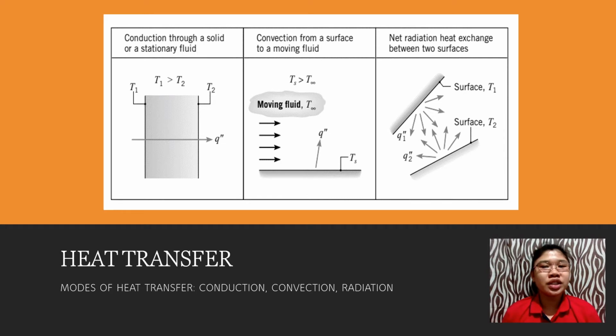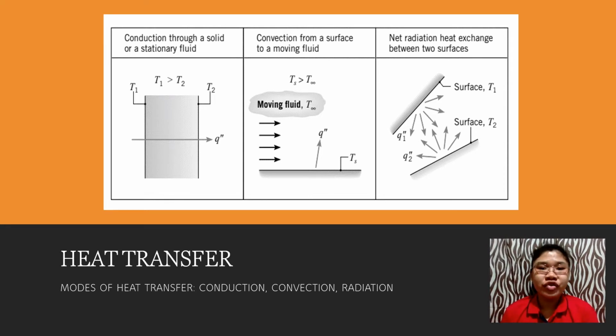When a temperature gradient exists in a stationary medium, which may be a solid or a fluid, we use the term conduction to refer to the heat transfer that will occur across the medium. Next we have the image in the middle.